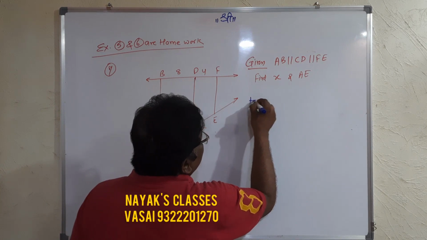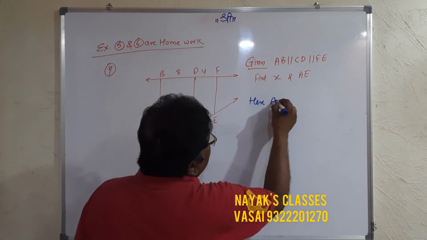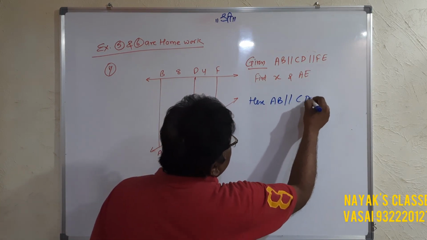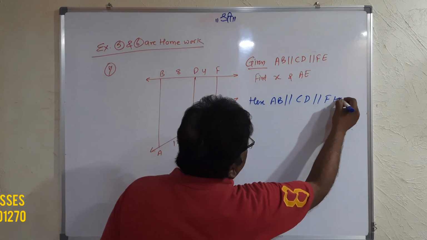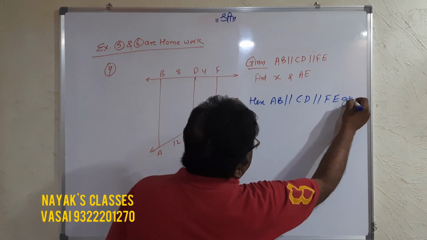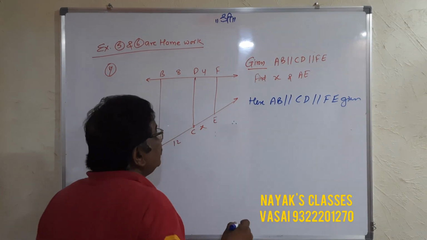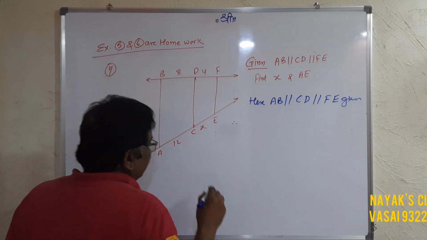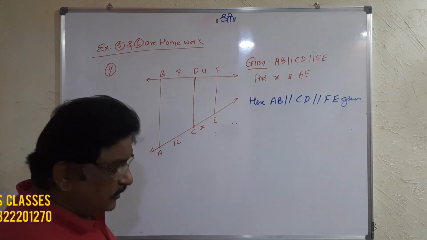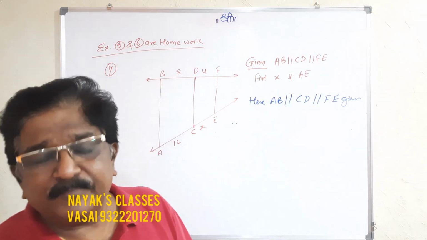So here, AB parallel to CD parallel to FE is given, correct? Therefore, what will be the ratio? The ratio will be the simple ratio like BPT.